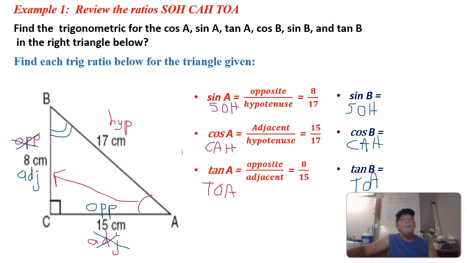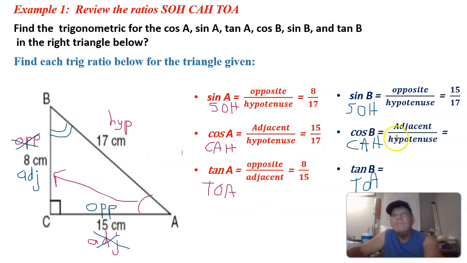All right. So now let's just find the sine of B, which remember what sine is. Opposite, 15 over 17. And yes, there is a correlation, and we'll talk about that in later lessons.